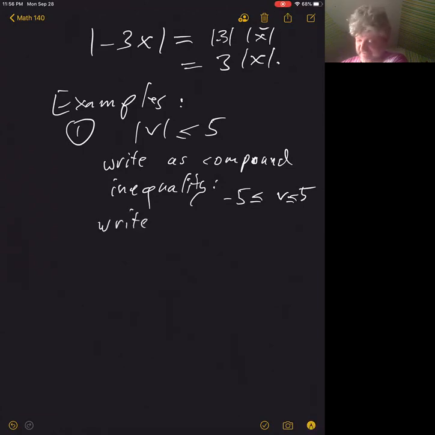Also nice, write it as an interval. It's a closed interval from -5 to 5. Closed means the endpoints are included. That corresponds to the less or equal sign at the beginning that allows v equal to 5 or v equal to -5. And the last bit, as a graph.